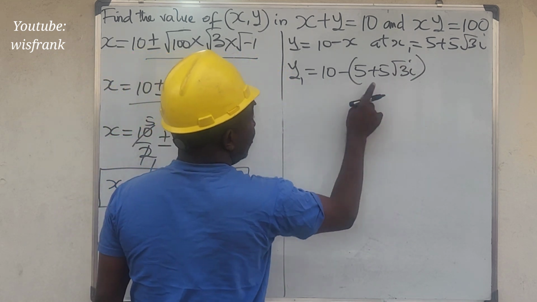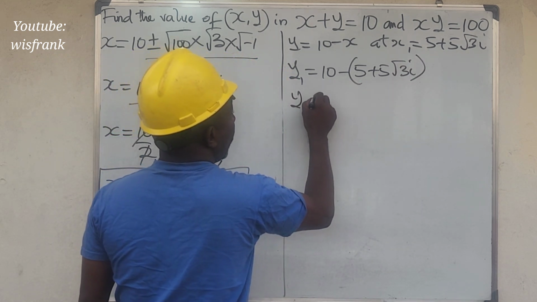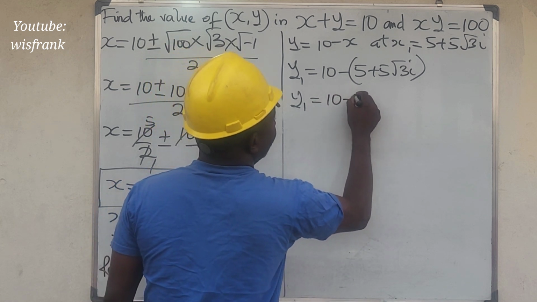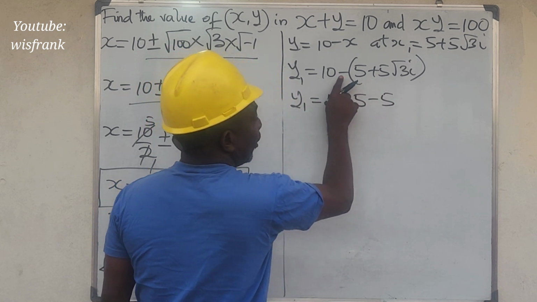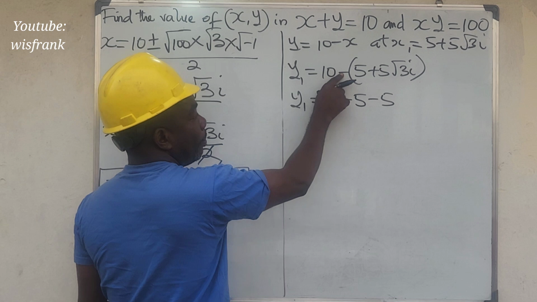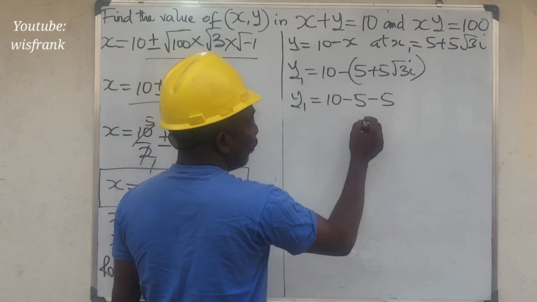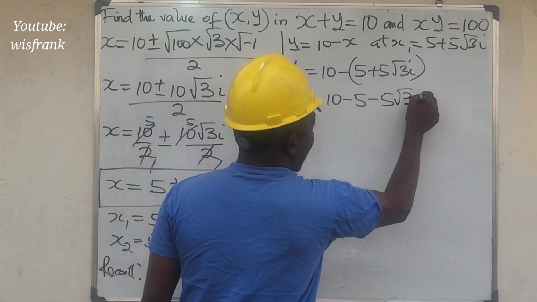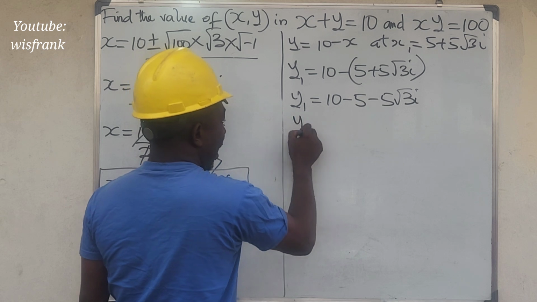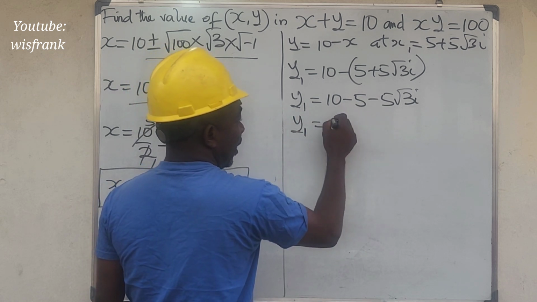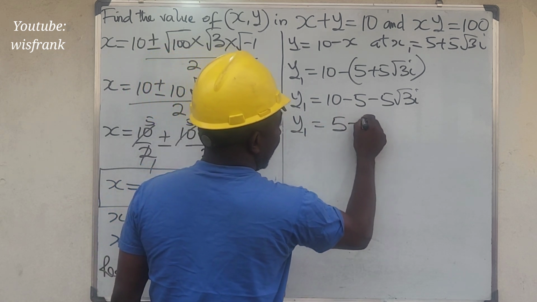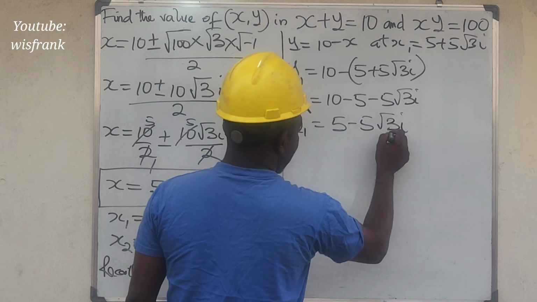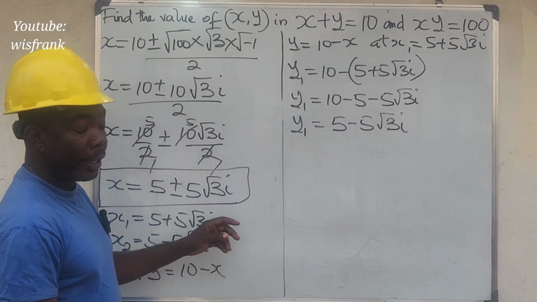We can expand this bracket. We have y1 equals 10 minus 5 minus 5, because minus times 5 will give us minus 5. Then minus times 5 root 3i will give us minus 5 root 3i. So this is the same thing as y1 equals 10 minus 5, which is 5, minus 5 root 3i. This is the value of y1 that we have.